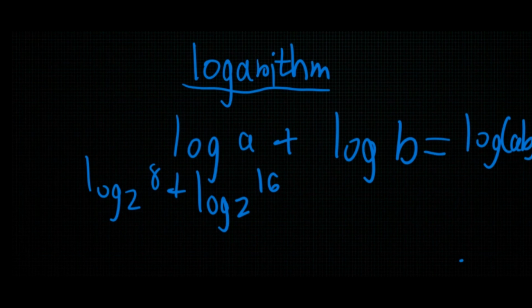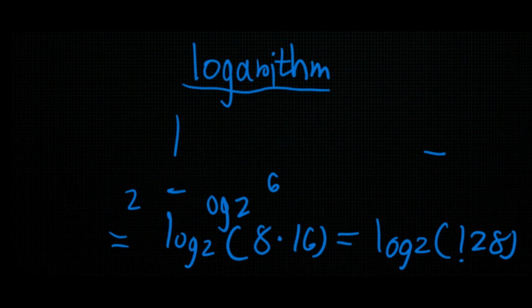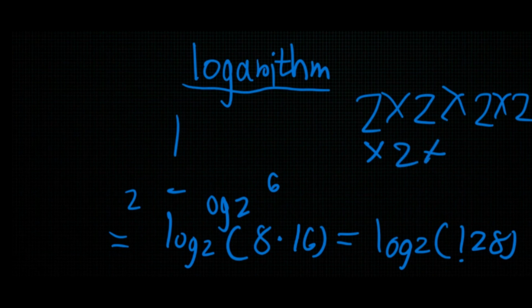Now we can combine the logs and multiply 8 with 16, which is equal to log base 2 of 8 times 16, which will be equal to log base 2 of 128. Now if you multiply 2 times 2 is 4, 4 times 2 is 8, 8 times 2 is 16, 16 times 2 is 32, 32 times 2 is 64, 64 times 2 is 128.